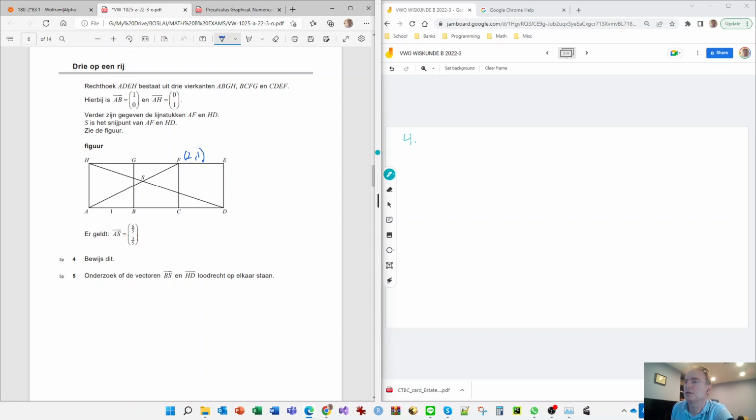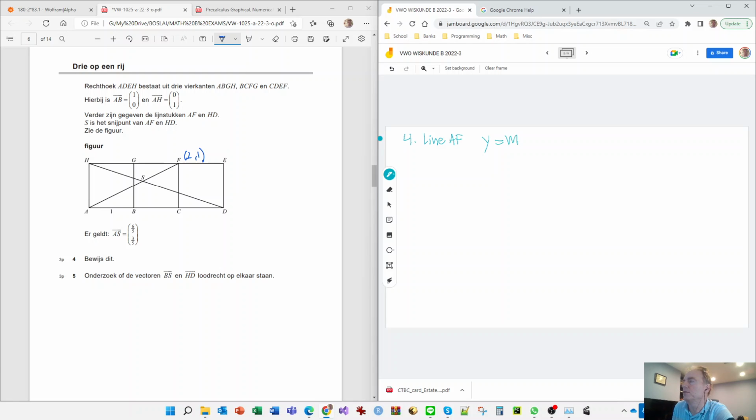So let's first write an expression for AF. I will say this is of the form mx plus b. The slope is delta y divided by delta x.